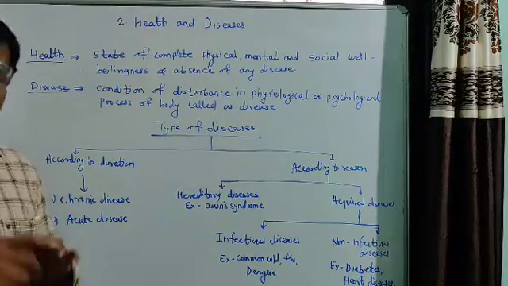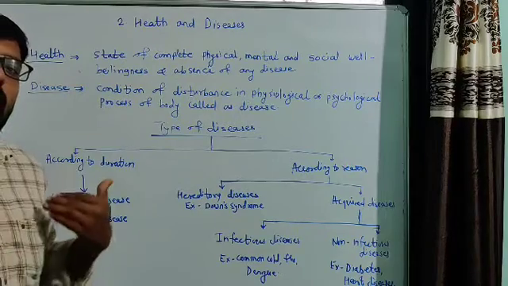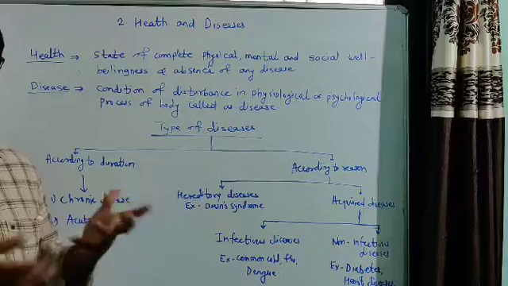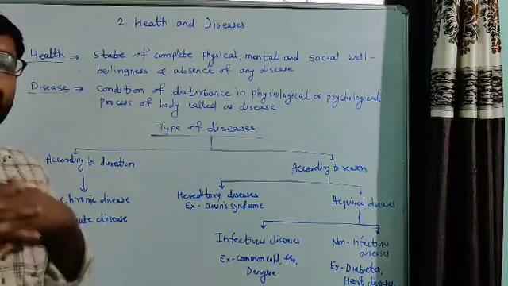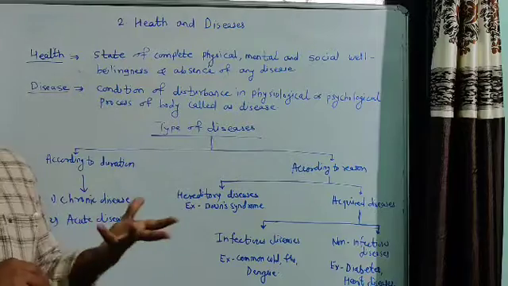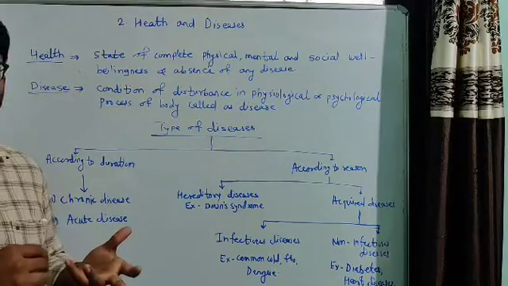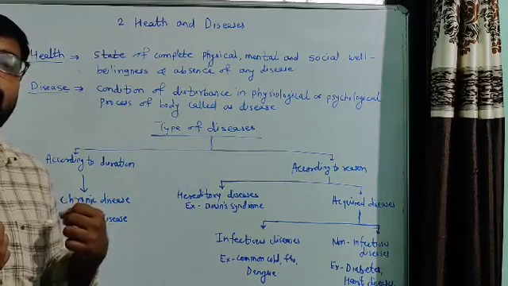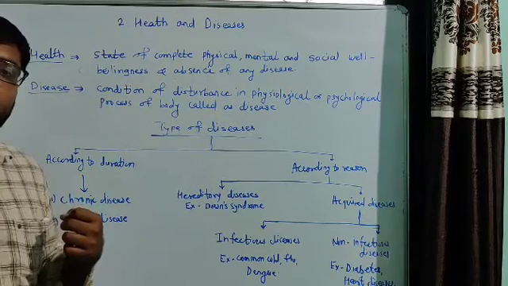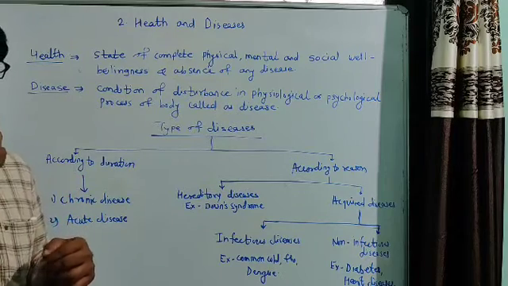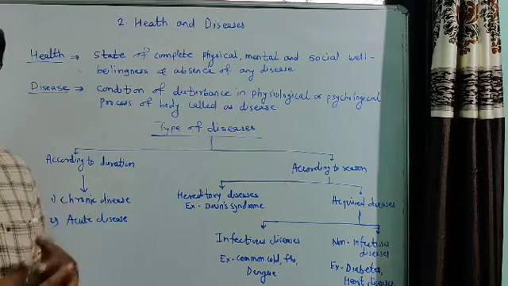Then sometimes our body gets automatically cured in 2-3 days because of our immunity system. But in some cases, the outside attacker is very harmful. It may damage our body very fast, and it is not curable by our immunity system.